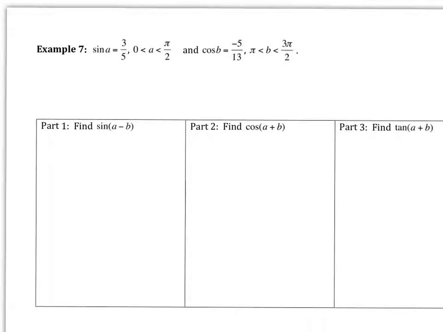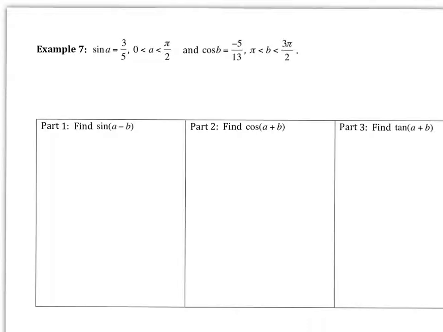So understanding that, find sine of A minus B. The A is the 3/5 and the B is the -5/13. But if we know there's a negative, why do we need that quadrant? Okay, all right, here we go.